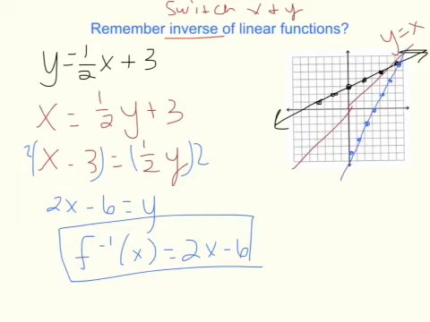And you can see that they are mirror images over that line. So if I were to fold it in half right here, I'd get the same line. So this is how we found the inverse of linear functions. It's going to be similar with the radical functions.